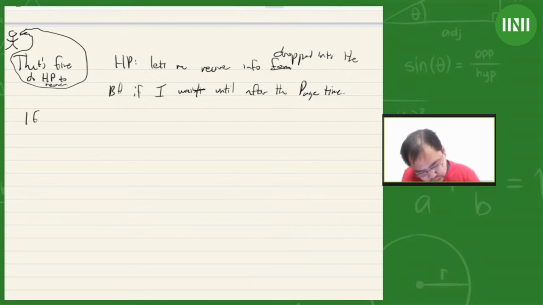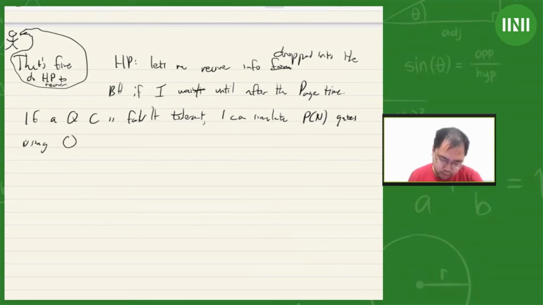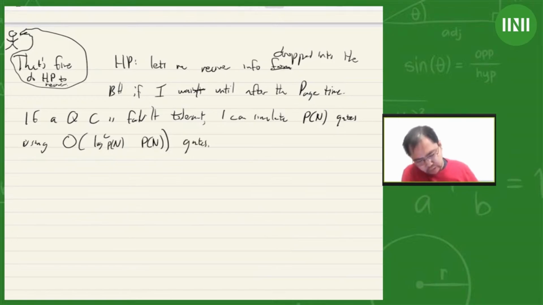In particular, if a quantum computer is fault tolerant, then Nielsen and Chuang, Wikipedia, whatever you want to look at, says that I can simulate P of n gates, where P is just some polynomial, using order of P of n times some polylogarithmic function of P of n, or n, whatever you like, gates, without accumulating error.